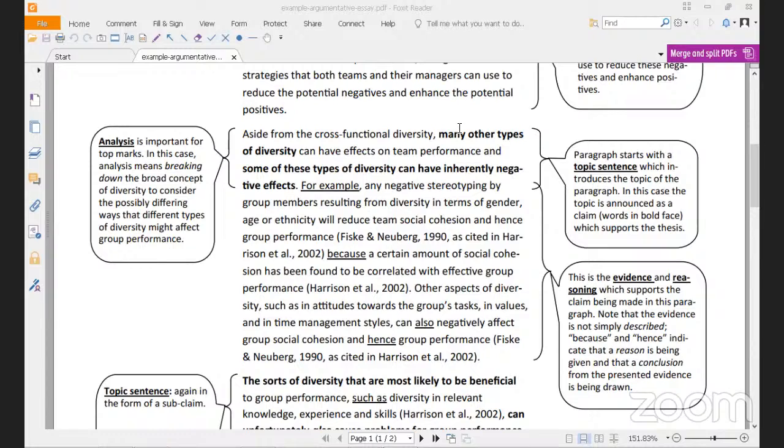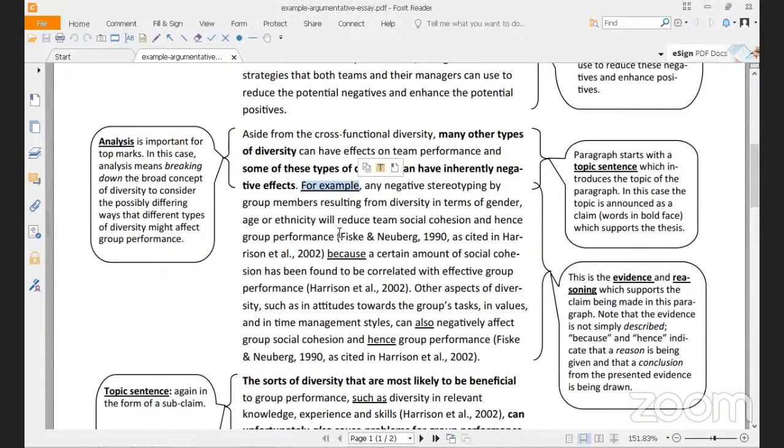Other aspects of diversity, such as in attitudes towards the group task, in values, and in time management styles, can also negatively affect group social cohesion and group performance. Okay, yes. And also you can see from here, you have some highlighted words. And all of these are your what? Your transitions, right?